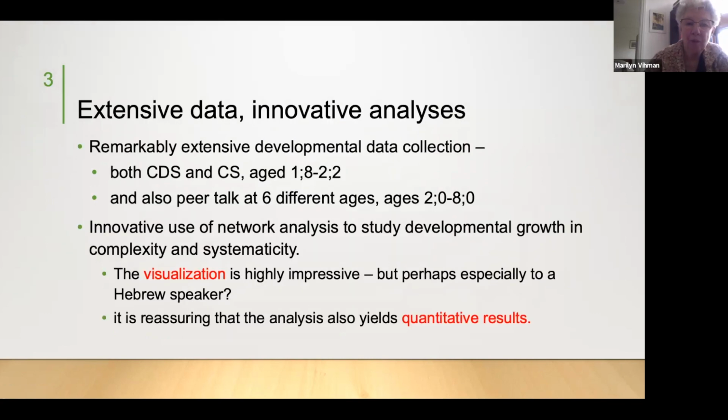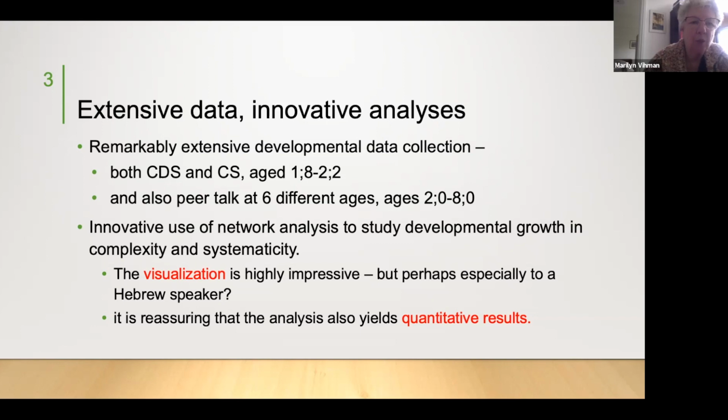So in order to find that out, our speakers have provided an amazing amount of information, tremendous size of data that is available, developmental data that they have made available over many years.